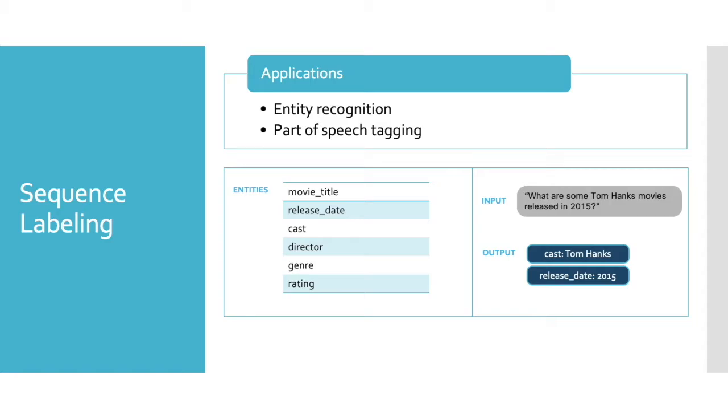In this example, we would like to recognize the entities of movie title, release date, cast, director, etc. So given an input, what are some Tom Hanks movies released in 2015? Your sequence labeling model would label each of these tokens as being one of these entities or other. Then this is able to give us the final output of extracting Tom Hanks as a cast member and 2015 as a release date.